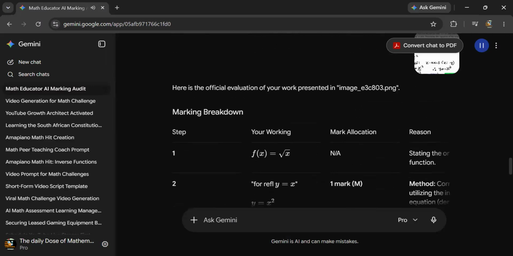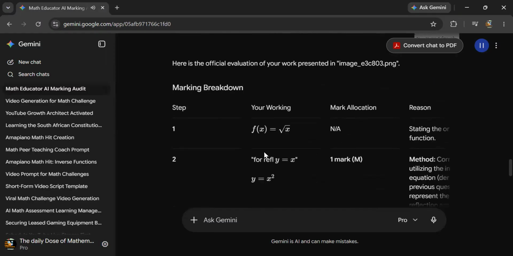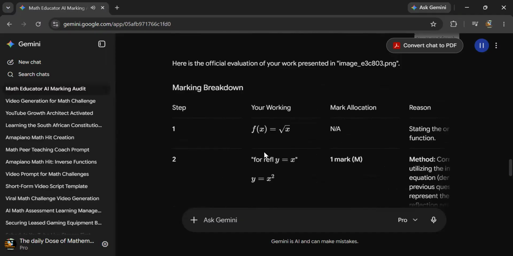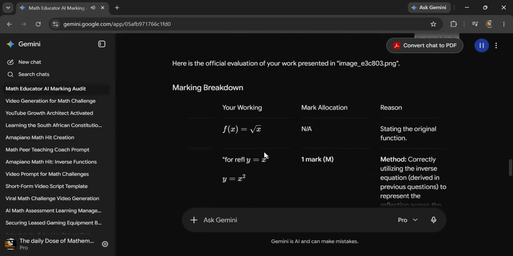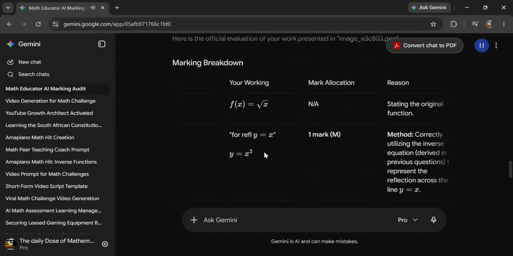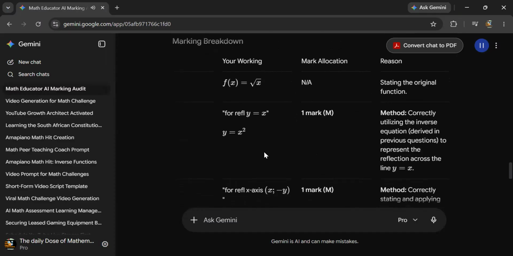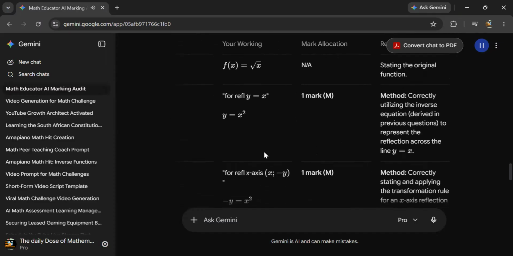Here is the official evaluation of your work. Marking breakdown. Step one: stating the original function, f(x) equals square root of x. Step two: for the reflection in y equals x, y equals x squared, one method mark for correctly utilizing the inverse equation derived in previous questions to represent the reflection across the line y equals x.